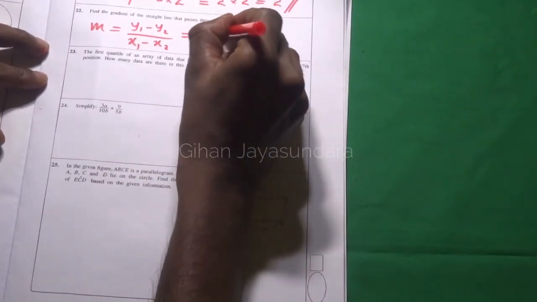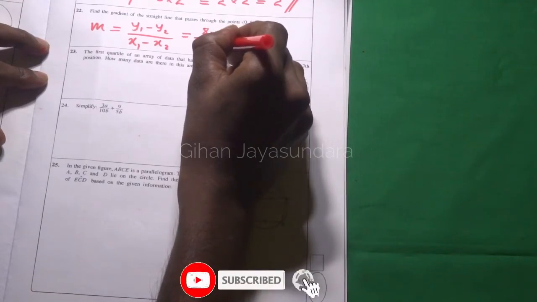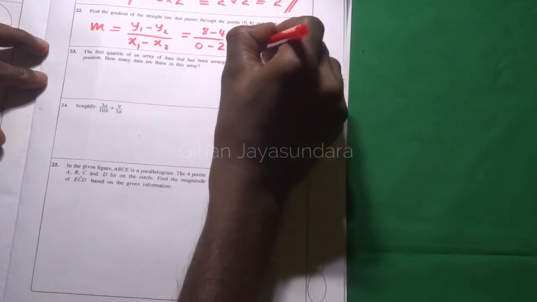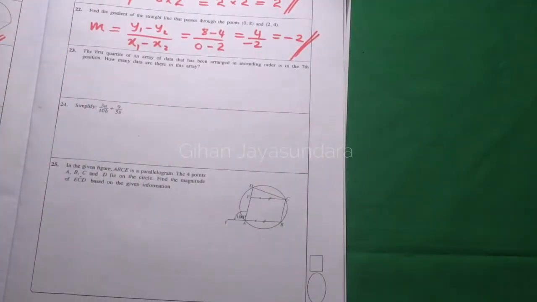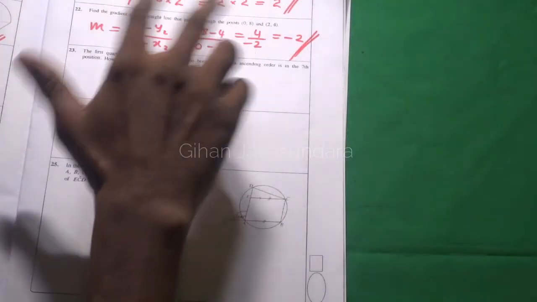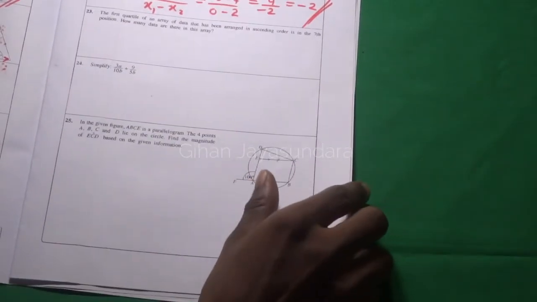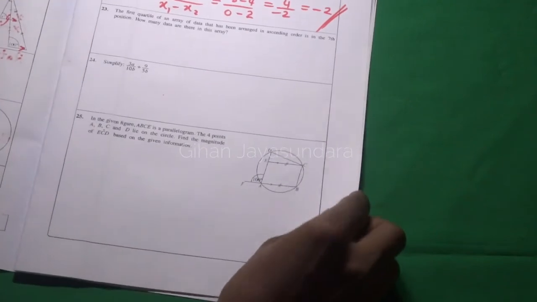So that is 8 minus 4 over 0 minus 2. So that is 4 over minus 2. So minus 2 is the gradient or the slope of this straight line that passes through the points 0, 8 and 2, 4.